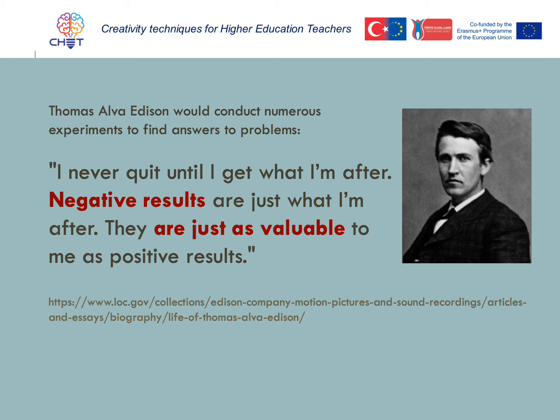Negative results are just what I'm after. They are just as valuable to me as positive results." So it's the persistence, and it also draws back to the fear of failure, where you take failure as a learning experience to get better for the next experiment.